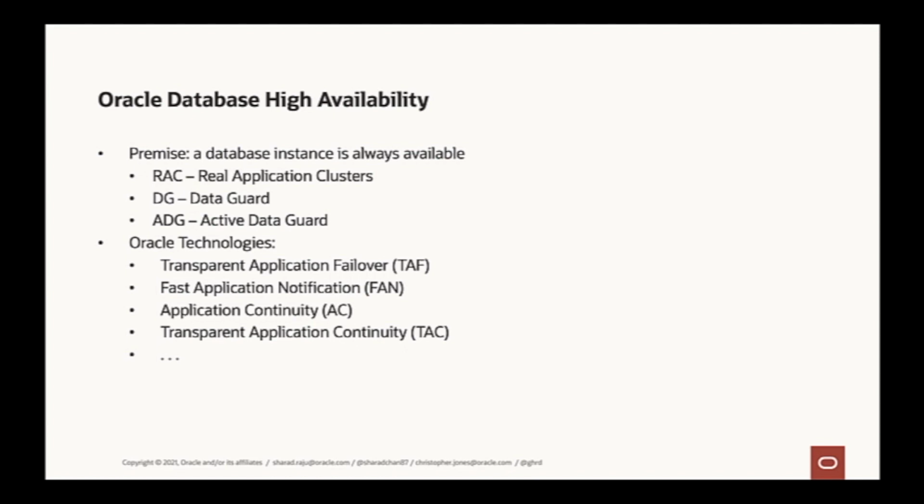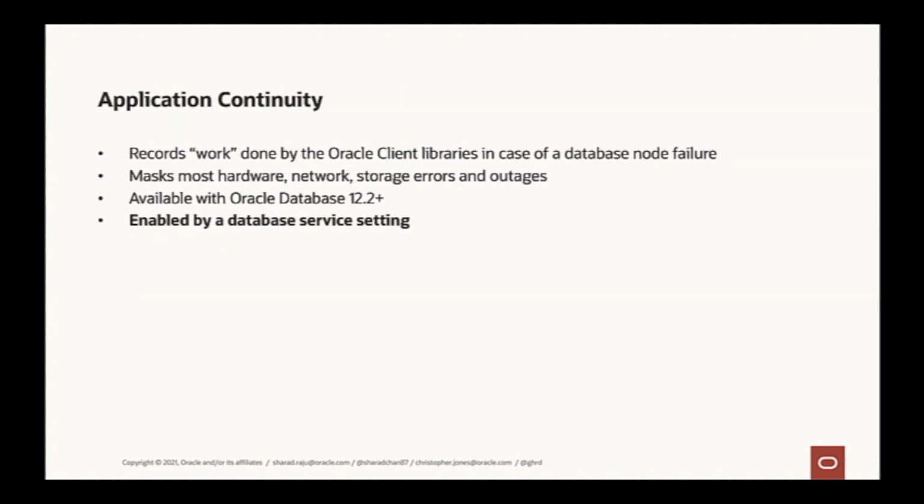I'm going to be talking a little about application continuity and TAC, the transparent application continuity themselves. And in many senses, these are as easy because you just set them up with a server setting on the database side, and you don't have to worry about it, particularly on the application side. It just works. So it's as simple as the others, but obviously it needs you to understand how it works, and the database administrator to set up the service on the network level.